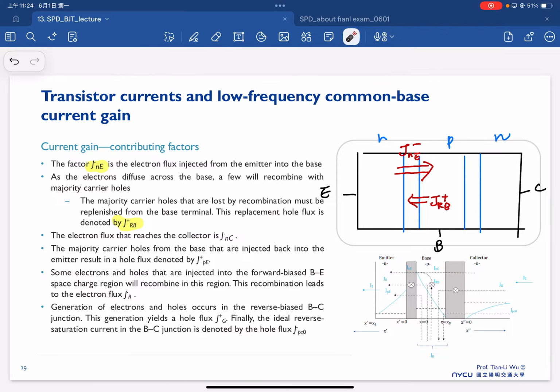And then the electrons that reach the collector are JNC, so this one reaches the collector side, which is JNC minus here.